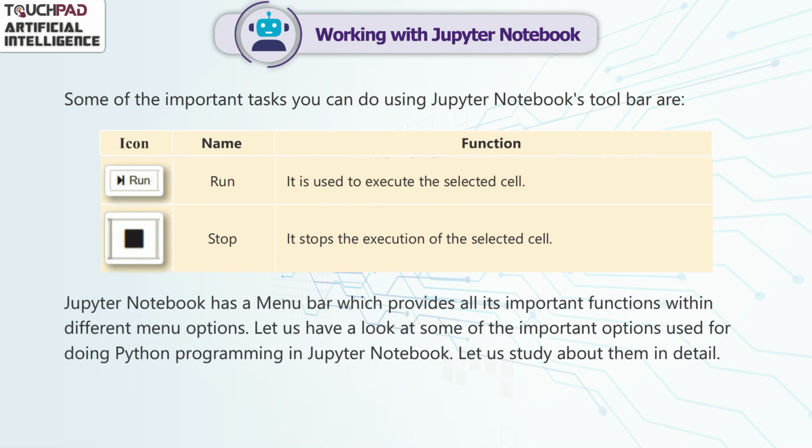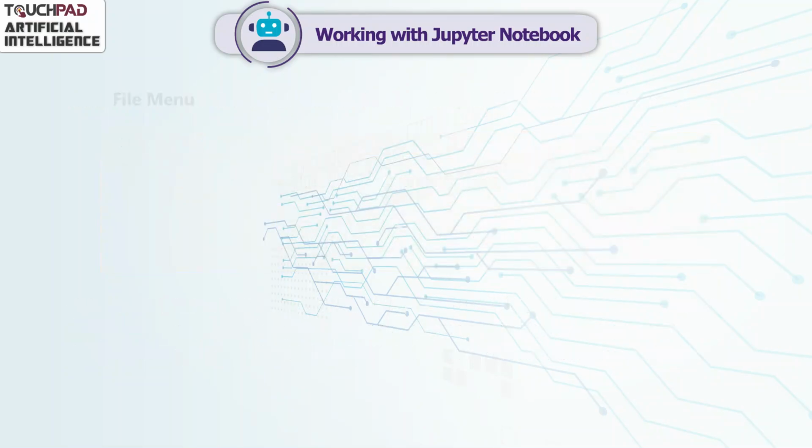Jupyter Notebook has a menu bar which provides all its important functions within different menu options. Let us have a look at some of the important options used for doing Python programming in Jupyter Notebook. Let us study about them in detail. File menu.